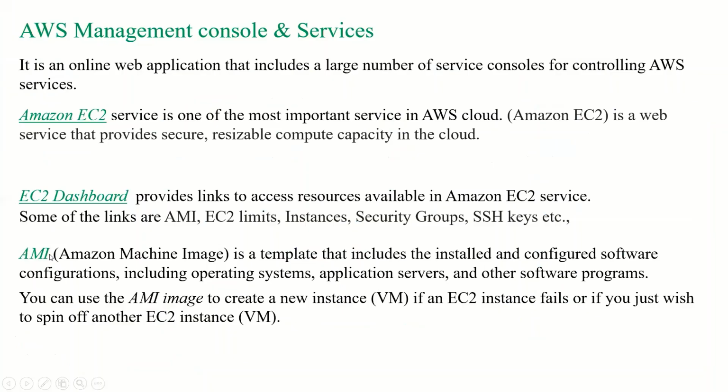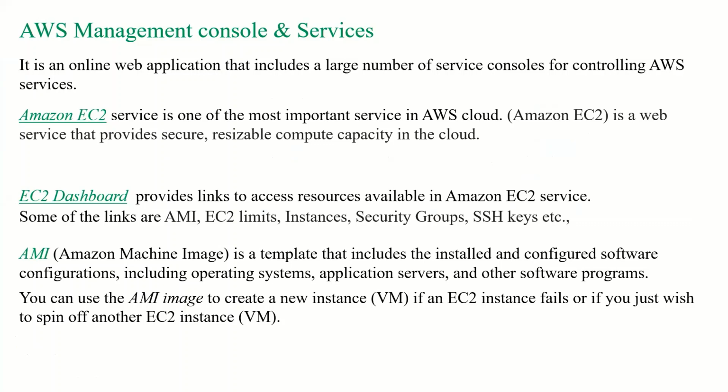Next, we have AMI. We have already explored what AMI is. We have a basic understanding of AMI. The definition is that an Amazon Machine Image is a template that includes the installed, configured software, including the operating system, application servers, and other software programs.